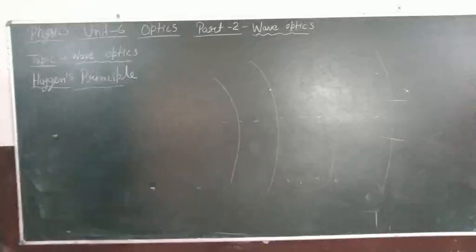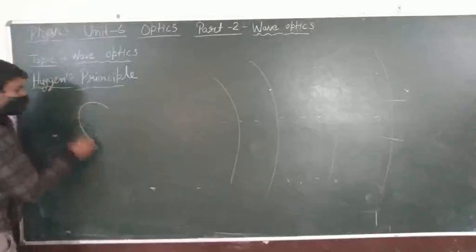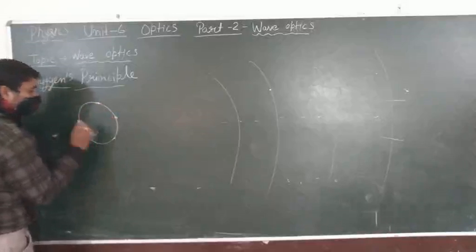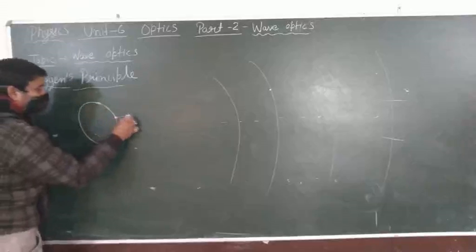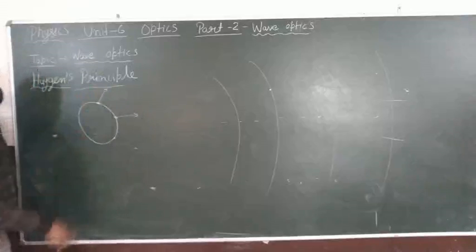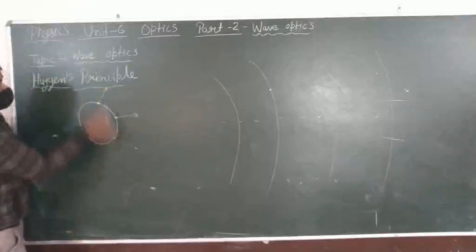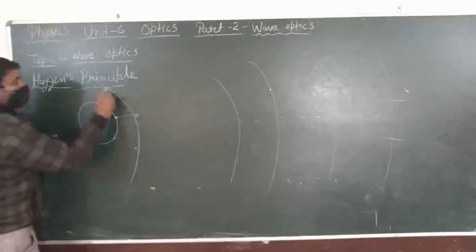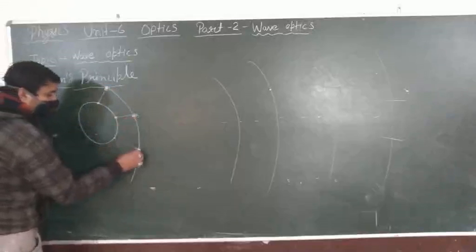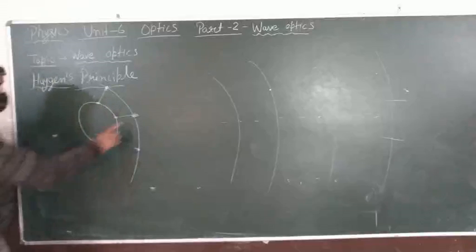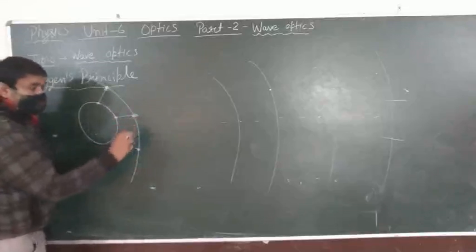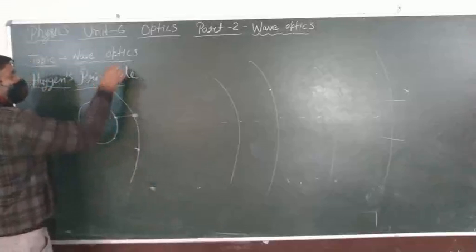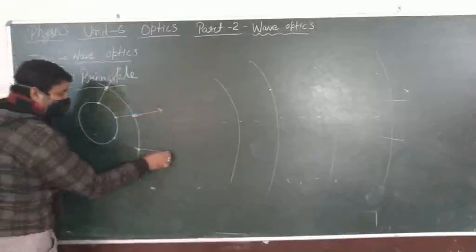Like if we have a cylindrical wavefront and we are taking these three points, then these three points travel in the forward direction, and when we join these with a tangent line, then these points behave like secondary wavelets, and each secondary wavelet behaves like a wavefront, and they produce the light in the forward direction.